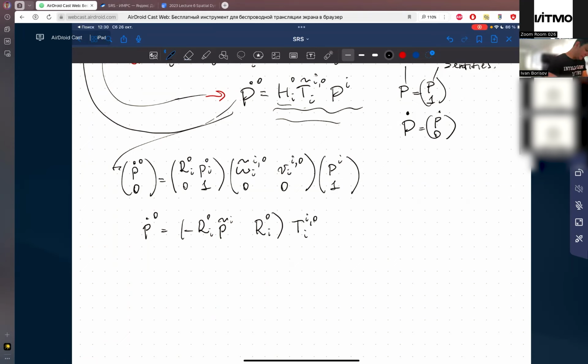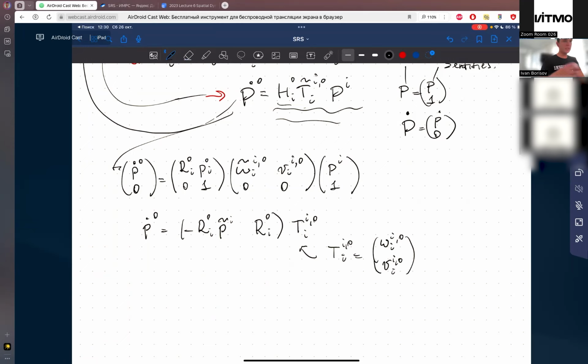Where t, this twist, is the twist in vector form. So t I0 I equals the angular velocity omega I0I and v I0I.